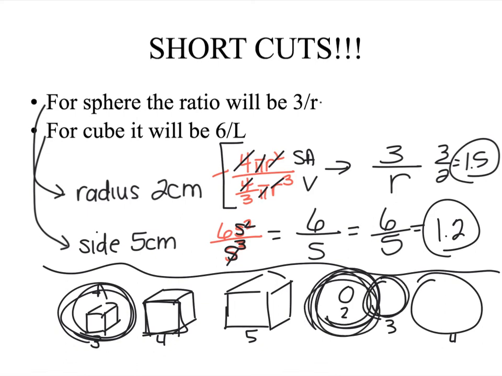All that mathematical work that I just showed you is what you would need to do if they gave you different shapes, because that's the only way you're going to be able to compare a cube to a sphere or a rectangle to a different sized rectangle with different dimensions. But if we're just talking about 3 of the exact same shape, the smallest one is going to be the best cell, period.